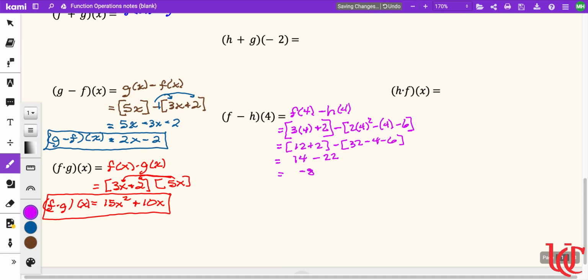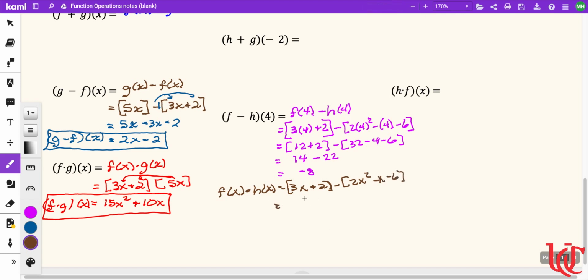All right, if that's doing a little bit too much at a time, you can do things first by thinking, okay, I have f minus h. So f of x minus h of x would give me that 3x plus 2, bracketed, minus h of x, which is 2x squared minus x minus 6.